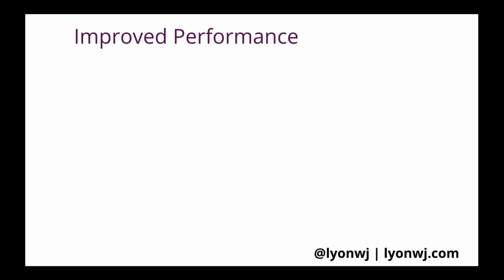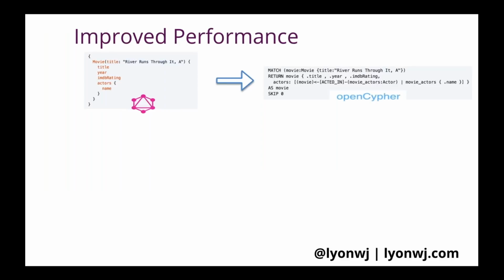So we mentioned that improved performance was one of our goals, and it's interesting to point out that with this integration, we translate any arbitrary GraphQL query to a single Cypher query, which means that there's just then a single round trip to the database.